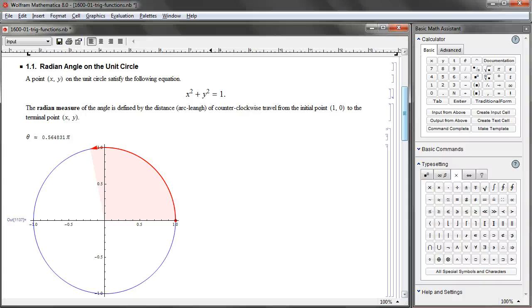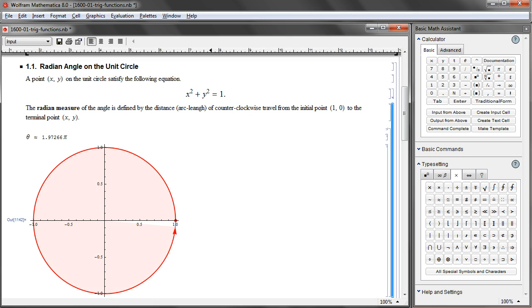Here in this visualization, the initial point 1, 0 is on the right hand side edge on the x-axis, and the terminal point is the tip of this arrow. And this program is randomized, so you can run this many times. And we have something like these.